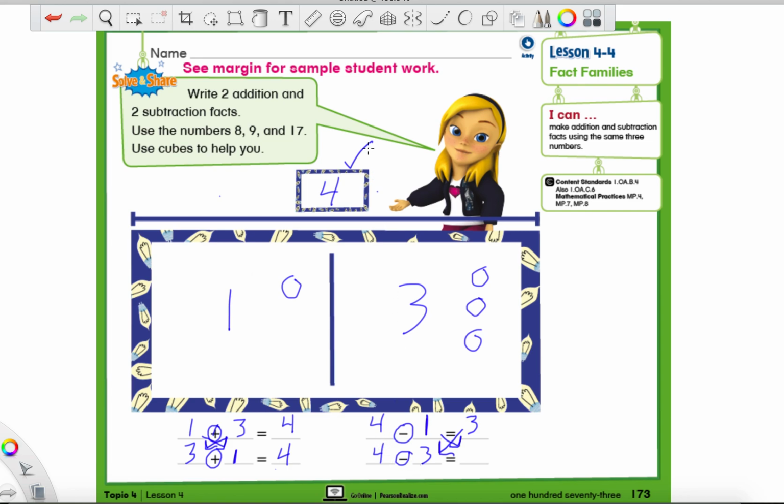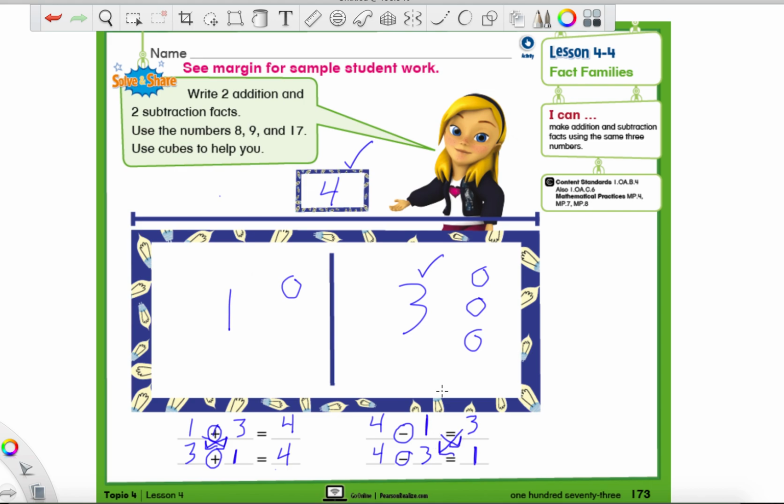So we used 4, check. We used 3, check. And the only number left is 1. So 1 is our answer. And you can see that we just flip-flopped these two numbers, just like we did with the addition problem. All we did was switch the parts. Again, for subtraction, you're just switching where the parts go.